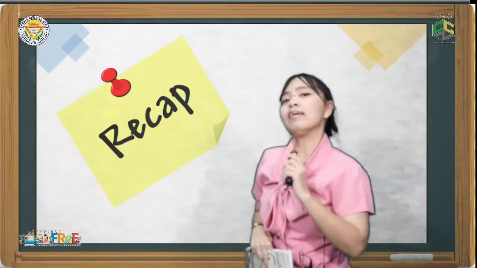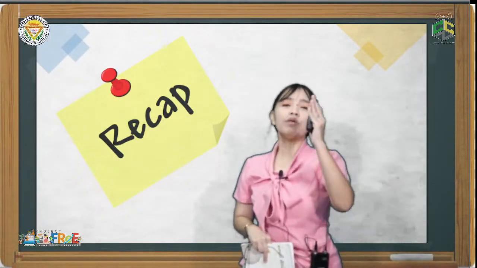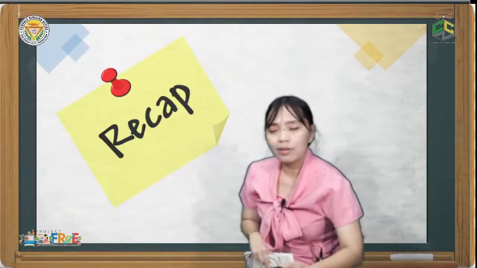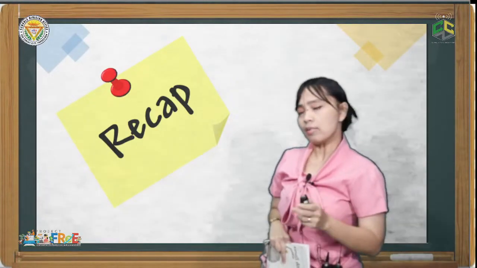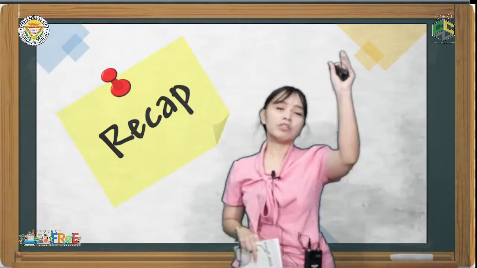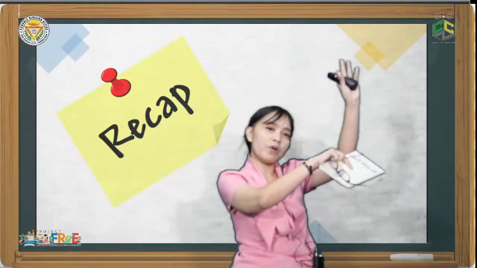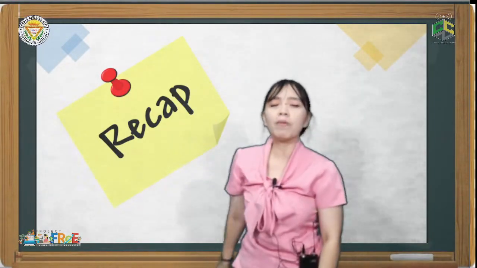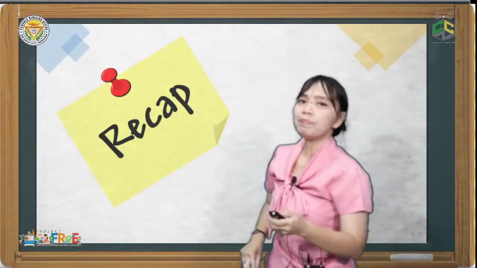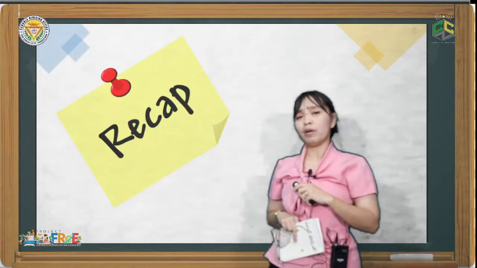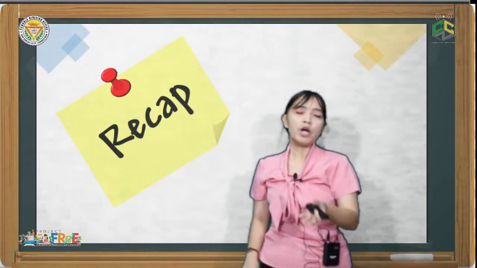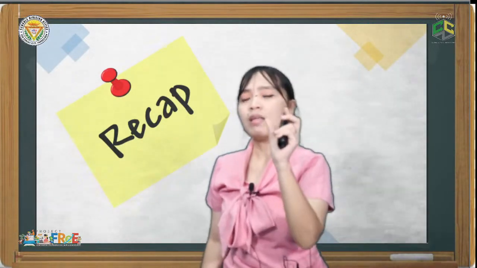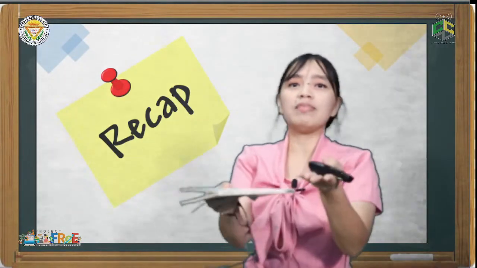All right? And then again, we also discussed thoroughly the important parts of writing a critique paper, wherein, first and foremost, you need to come up with an introduction, followed by the body of the paper, and then followed by the concluding part of the paper. All right? And I'd like to point out that if you are going to come up with a critique paper, you always have to go back to your purpose, the main reason why you are coming up with this critique paper.